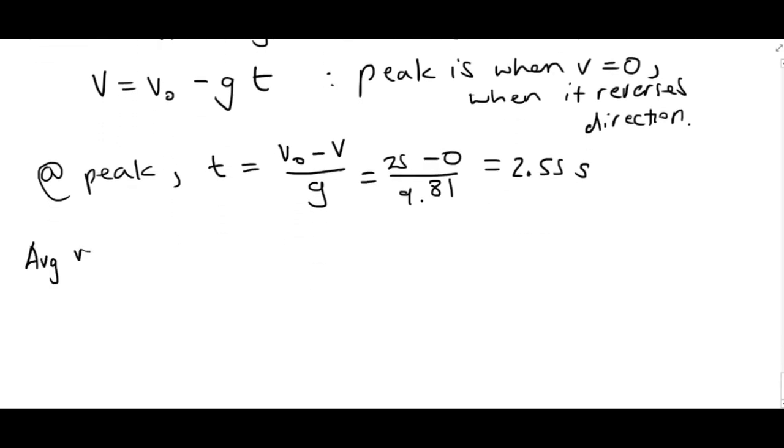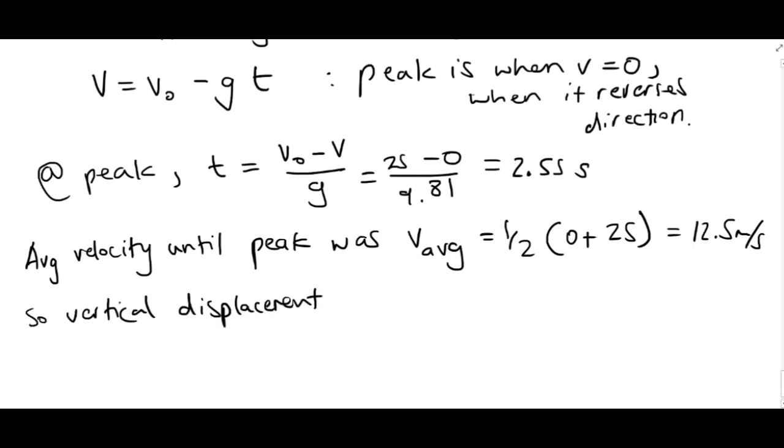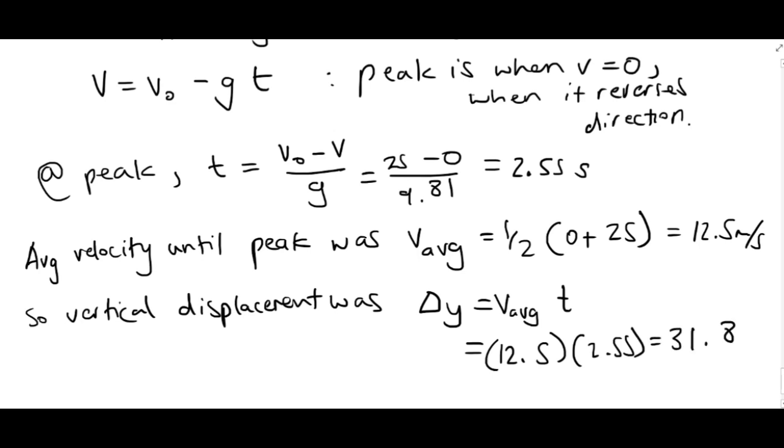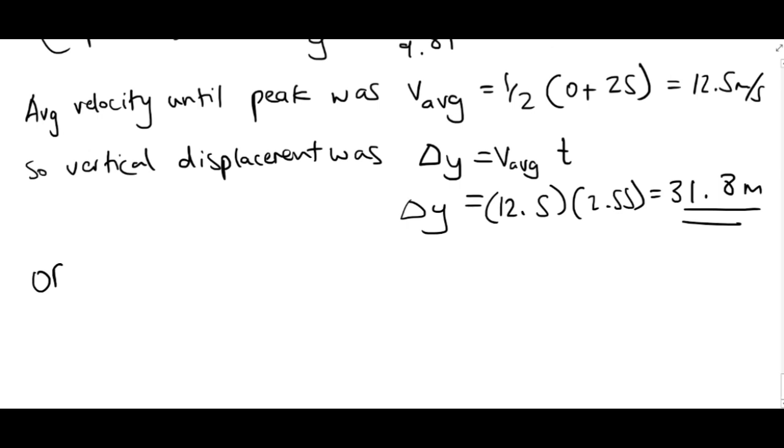Now the average velocity until the peak was V average equal half of 0 plus 25, which is equal to 12.5 meters per second. So the vertical displacement was delta y is equal to V average T, which is equal to 12.5 times 2.55, which gives us a vertical displacement of 31.8 meters.